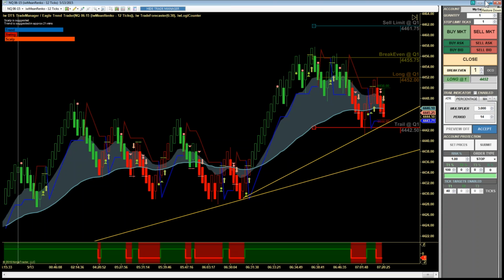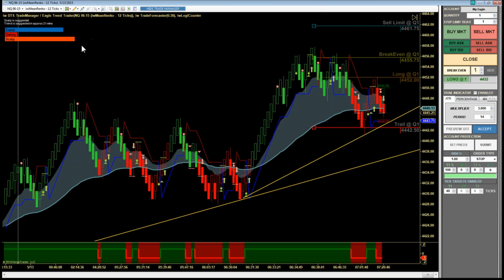The NQ is in a tough spot right now. It's so evenly balanced between the buyers and the sellers. It's normally got some sort of bias going on, but not right now.